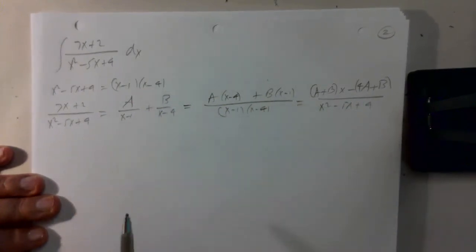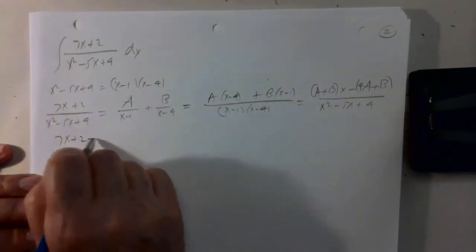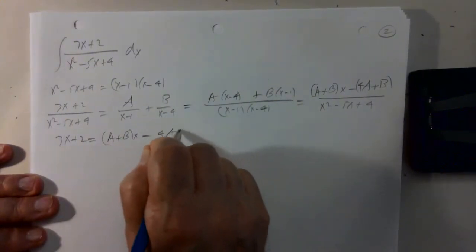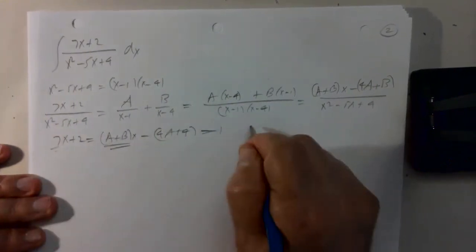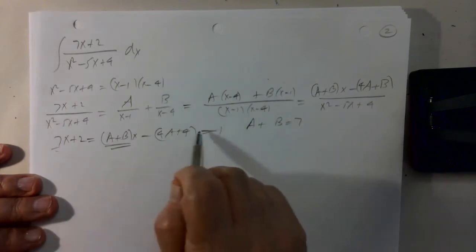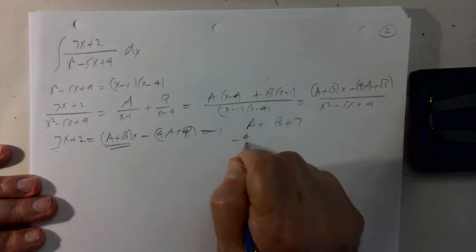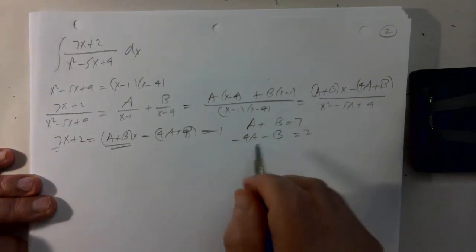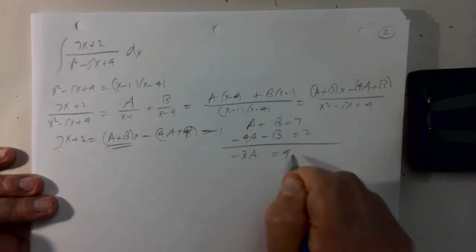So these two fractions have the same denominator, so the numerators are equal. So the coefficient of x is 7, and the constant term, which is minus 4a minus b, is 2. If I add these equations, I get minus 3a equals 9.